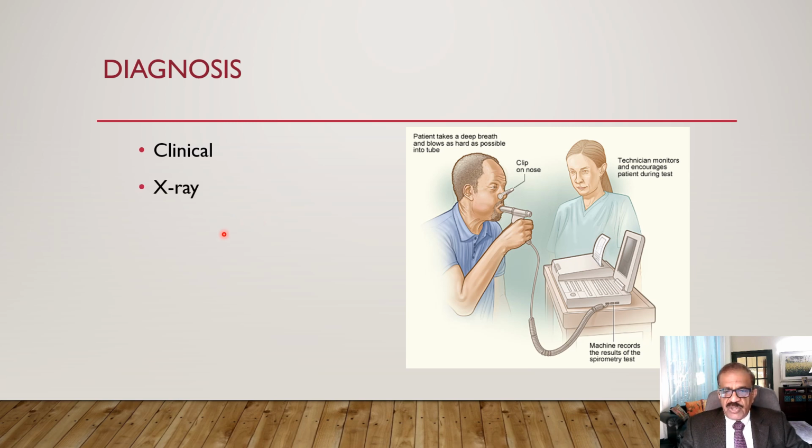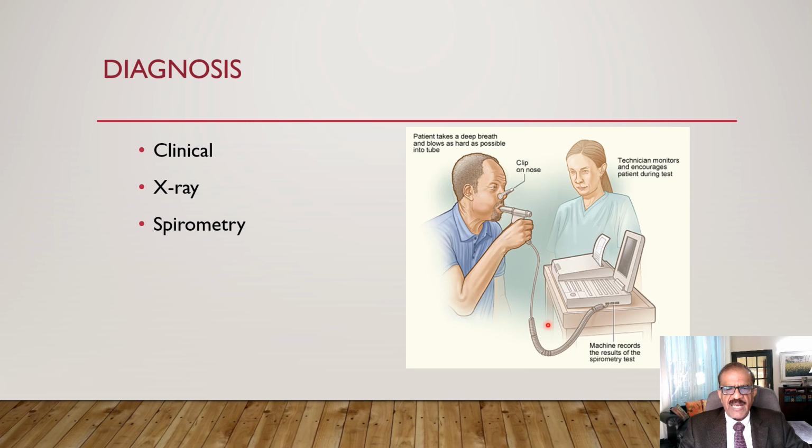Then X-ray chest, PA film is the best film, and I'll show you the features on X-ray which suggest this diagnosis. Spirometry, this is the spirometry, and in spirometry a patient is usually instructed to breathe in and breathe out into this device, which is now an electronic device.